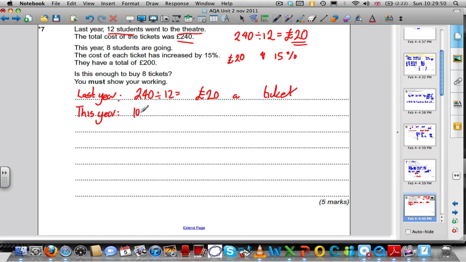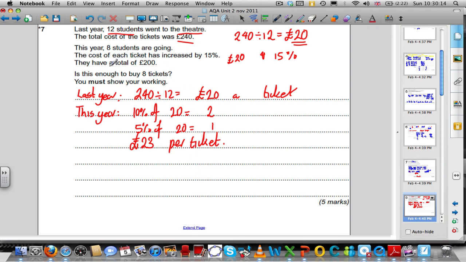So let's first of all work out 10% of 20, and I get £2. So 5% of 20 is £1. Therefore, adding on the 15%, the cost of a new ticket must now be £23 per ticket this year.